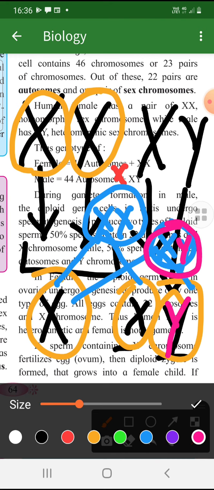So who is responsible for the sex of a child? It is obviously the father, because the father can only donate Y. So in humans, the male is responsible for the sex of the child.